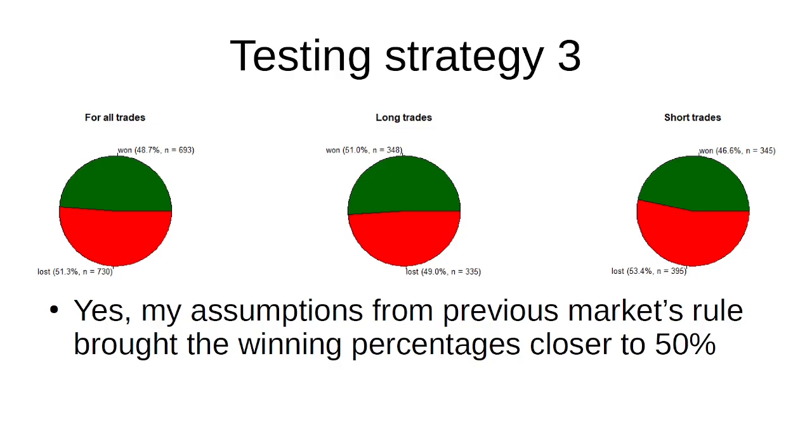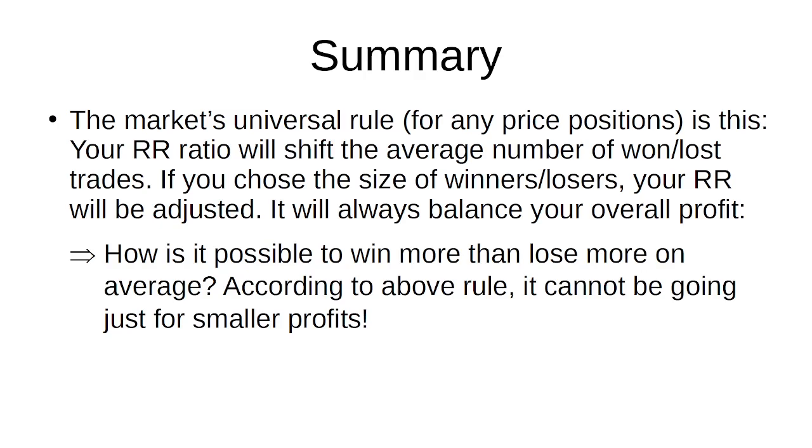Well, what I wrote here is that I assumed that the previous markets rule that I talked about would bring the winning percentage closer to 50%, and this general markets rule, this universal rule, is that whenever you adjust your risk to reward ratio, it will also change the average number of won or lost trades, and it would also of course work the other way around.